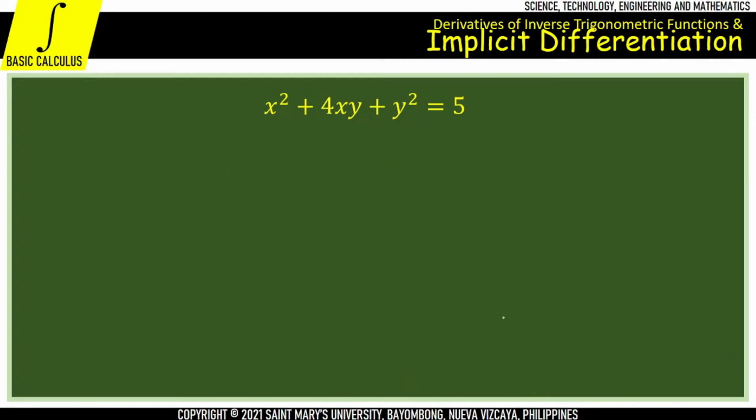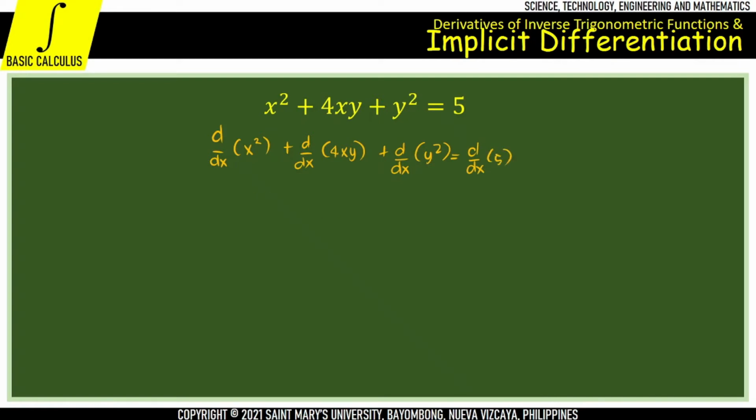Okay, next, we have x squared plus 4xy plus y squared is equal to 5. Just the same, we shall consider the derivative of each term. So we have d all over dx of x squared plus d all over dx of 4xy plus d all over dx of y squared is equal to d all over dx of 5.